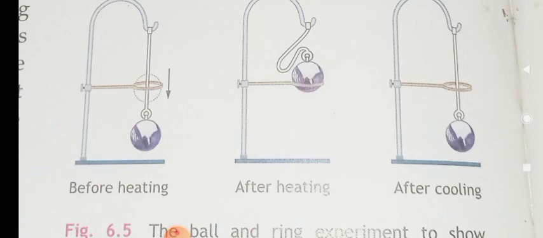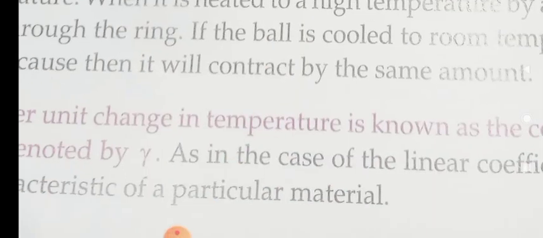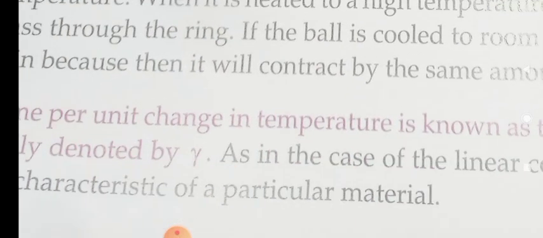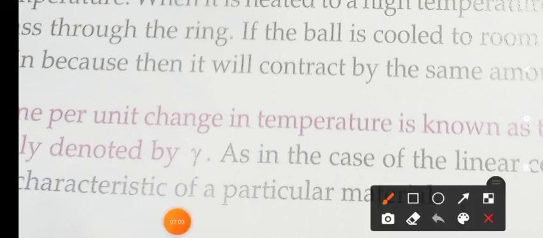Now, what about the coefficient of volume expansion? The change in volume per unit volume for 1 degree change in temperature is known as the coefficient of volume expansion, and it is usually denoted by gamma.